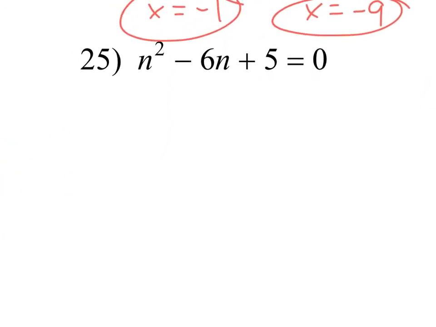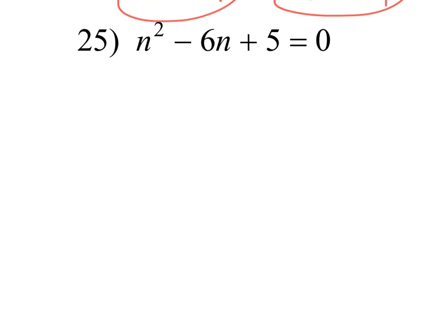Okay, 25. Charlie, what do we do first? So our new equation is n squared minus 6n is equal to negative 5.